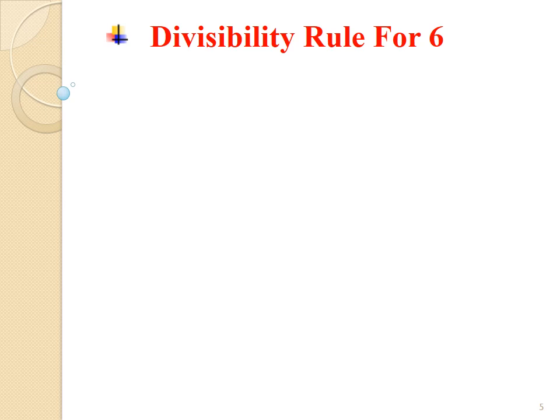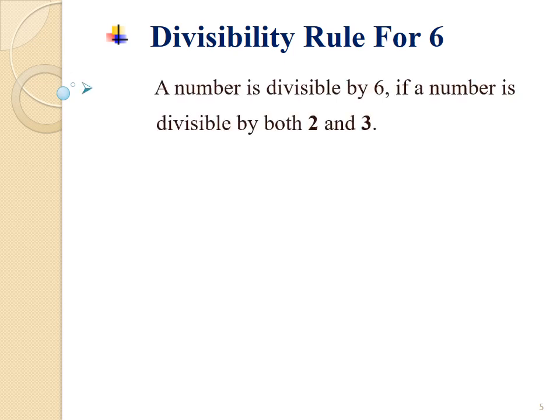Divisibility rule for 6. A number is divisible by 6 if it is divisible by both 2 and 3. For example, 3,69,240.